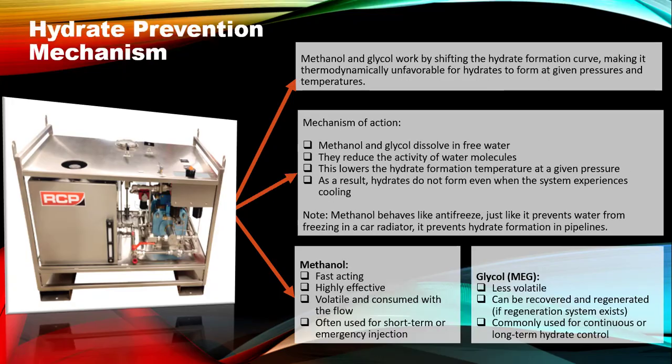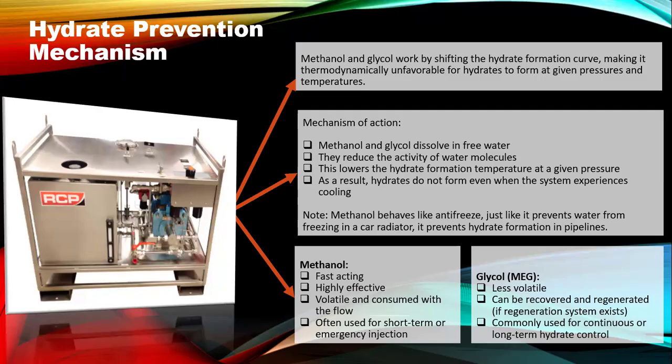So methanol and glycol work by shifting the hydrate formation curve. So what this will do is, let's take for example, the temperature of the line is around 40 degrees, right? And let's say if the temperature drops to 20 degrees, we'll start having crystals. Water will start forming crystals due to high pressure and low temperature.